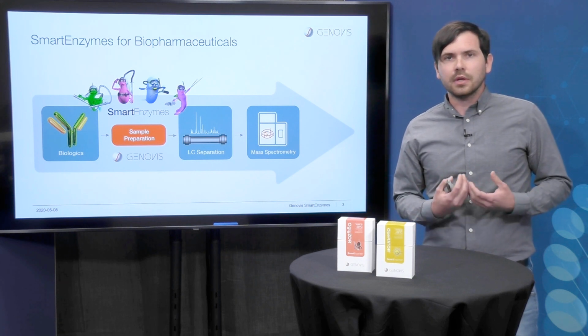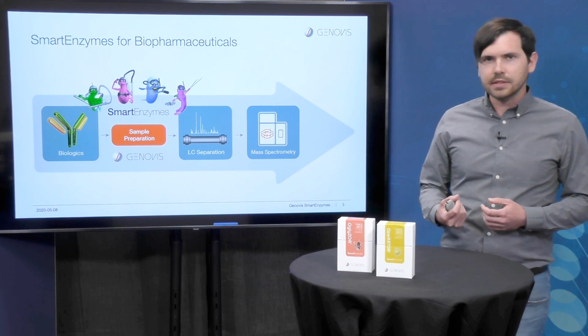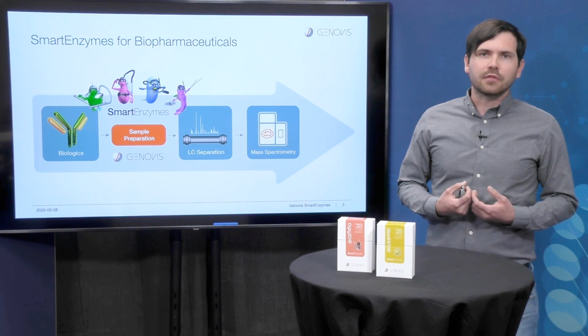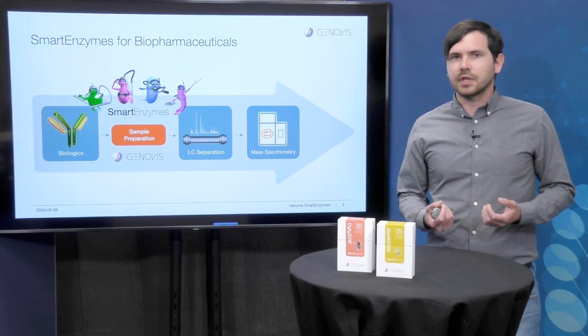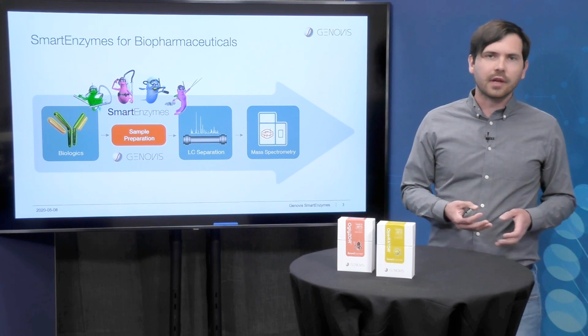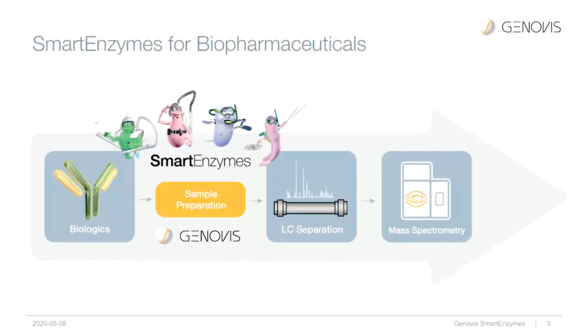When producing and developing biologics, there's a lot of analysis involved. These are large molecules with a lot of inherent heterogeneity. They're produced in living cells. So from early development through process to final manufacturing, there is a lot of analysis that needs to be done, often by liquid chromatography and/or mass spectrometry.